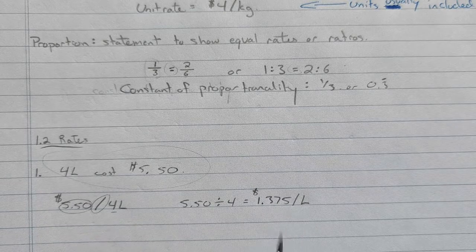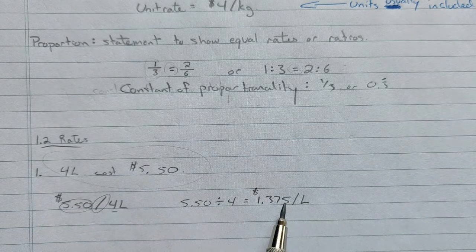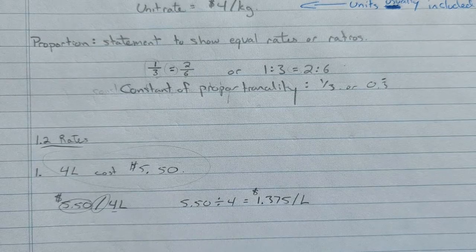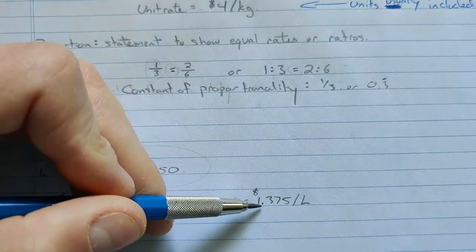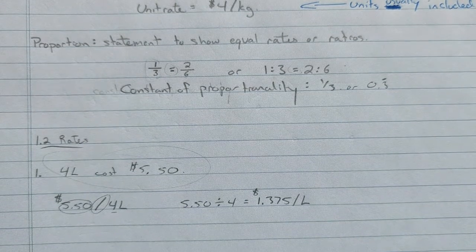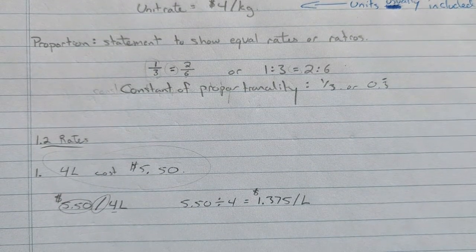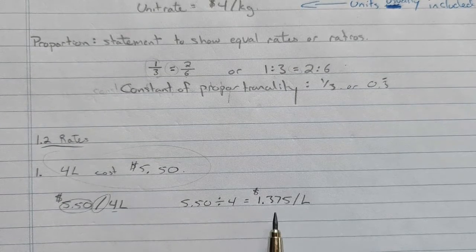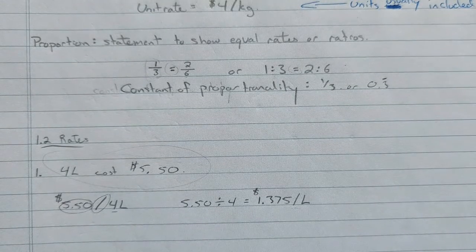And so sometimes we want to get into more than the regular decimals. Normally we would write this as $1.38 as our cost, but when you're buying things in bulk and looking at these comparisons, sometimes we need to use more decimals. So oftentimes we'll leave a few more decimals here to use it as a comparison.